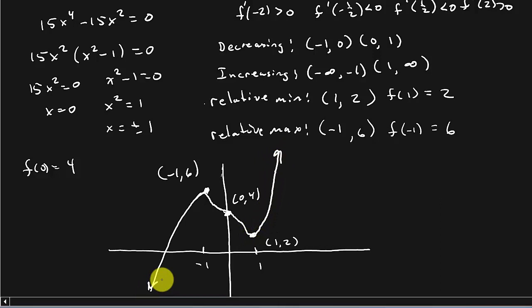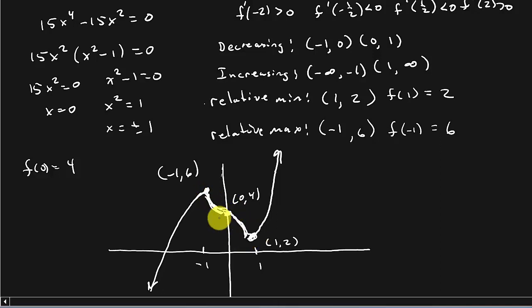So this one might be a little more difficult to see. I mean, it's coming down, so it's going to go here. It's going to kind of curve this way. I'm exaggerating it, and then it's going to come back this way and kind of curve.